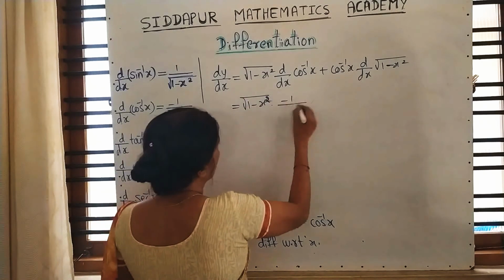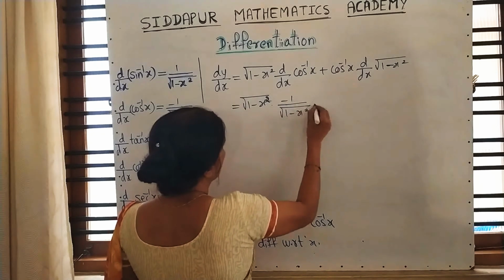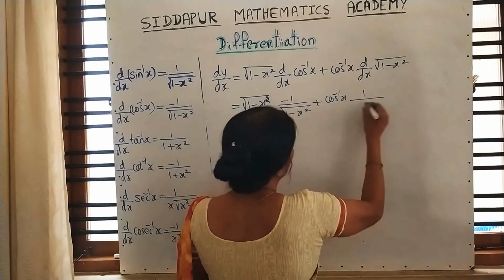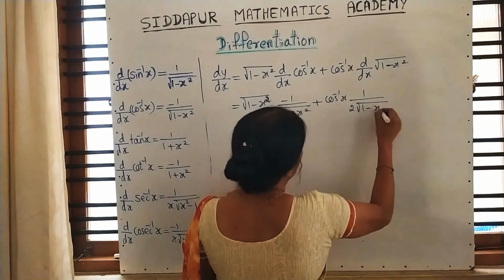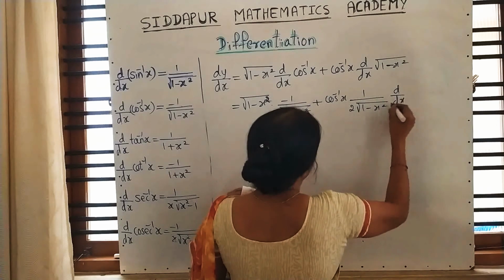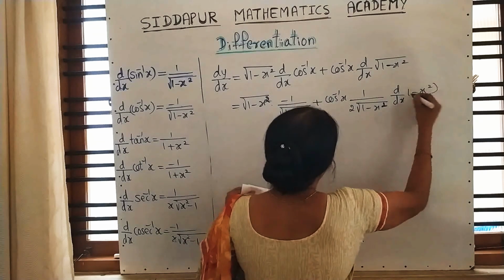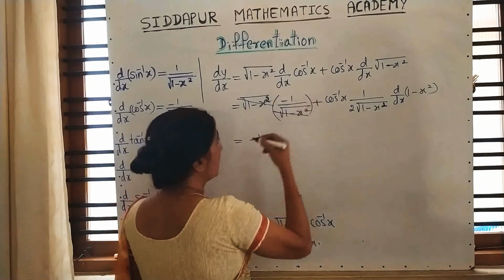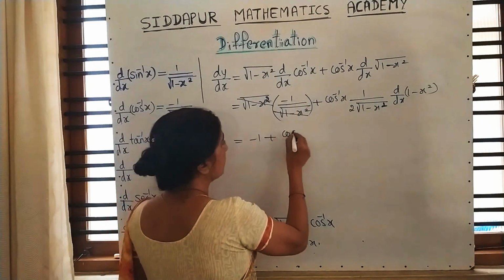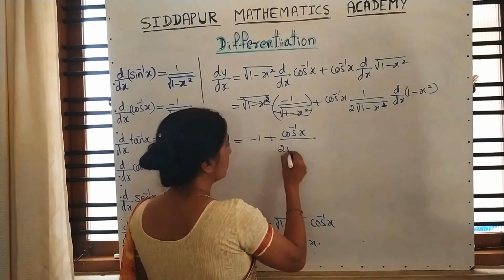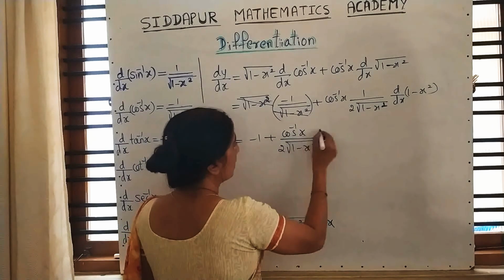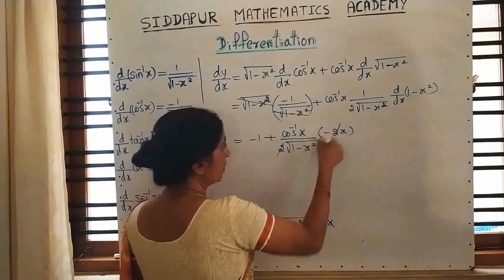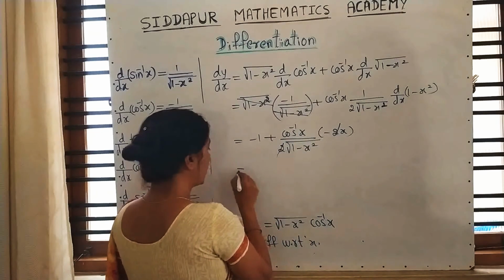Differentiation of cos inverse is into differentiation of chain rule. Here this gets cancelled. This is the multiplication, remember. And this is minus 2x because 1 is 0, minus x square is minus 2x. This gets cancelled and plus into minus is minus.